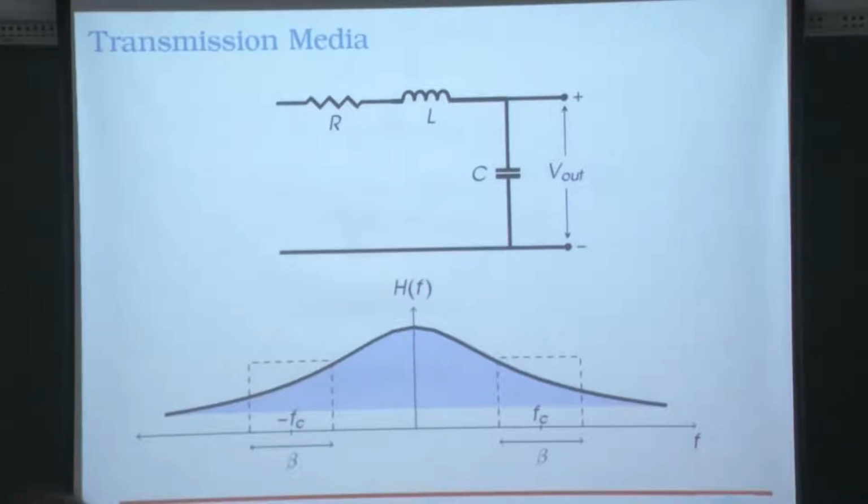Is it clear? So in the transmission line, what is allowed to us or what is given to us is some bandwidth beta. So there is a carrier frequency around which there is a bandwidth beta, and you can communicate in this allotted band. This is some function. Sorry, it looks like a Gaussian.